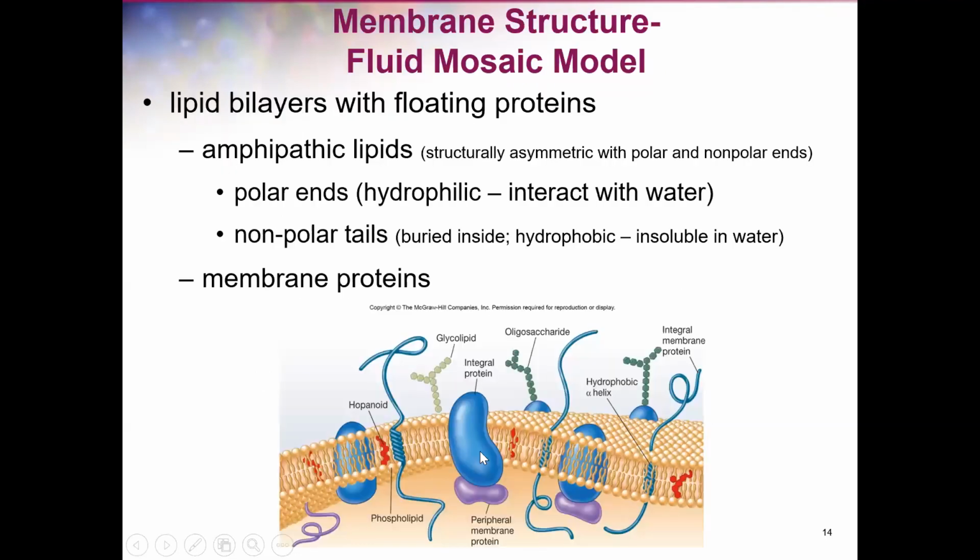Integral is the blue one. This kind of protein can act as a so-called channel. We talk about channels: they can allow some nutrient pathway, which is really important. Peripheral protein is attached either to the membrane or to the protein. There are also other structures you can see here. So the membrane is actually quite complicated.